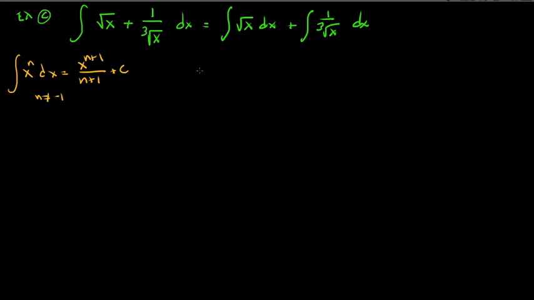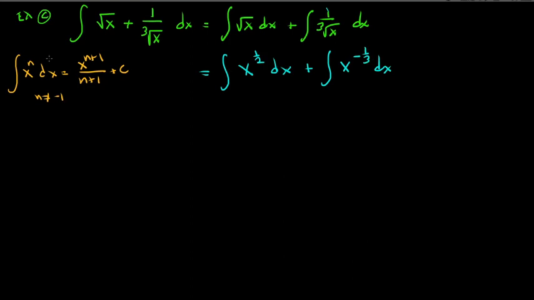All right, so when you use the power rule, you change this to x to the power 1/2. So that's my n, that's my exponent, plus the integral of x to the 1/3, but because it's in the denominator, it's x to the negative 1/3. Make sense?